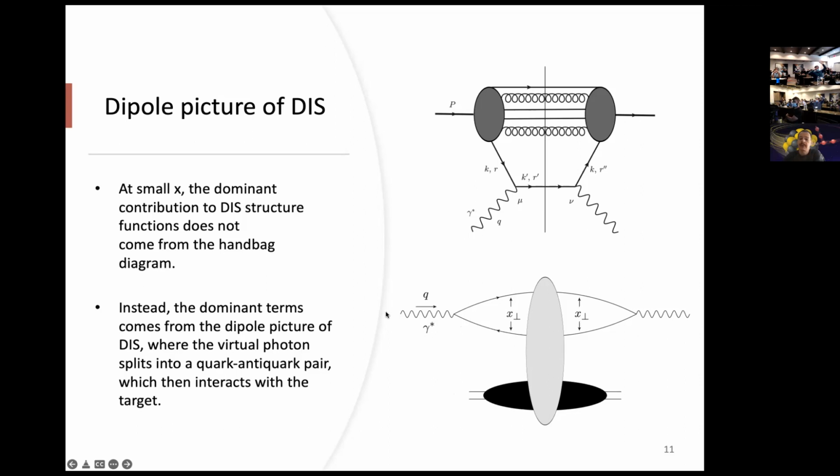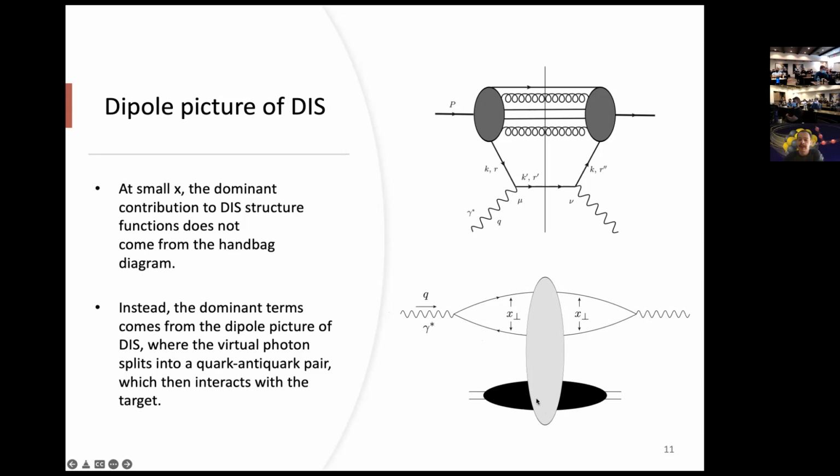The dominant contribution to DIS at small x happens when the photon splits into a quark-antiquark pair long before it interacts with the proton, and then this quark-antiquark pair interacts with the proton. If you're calculating the forward scattering amplitude, you have to recombine the quark and antiquark back into the virtual photon.